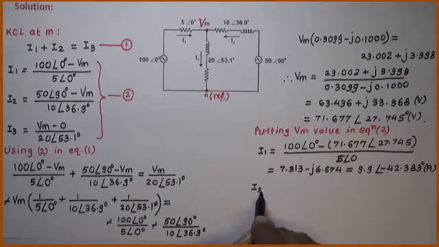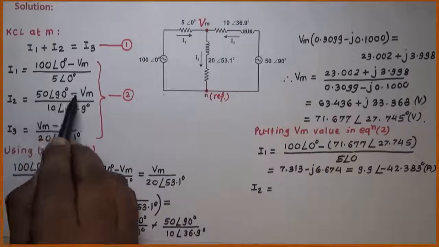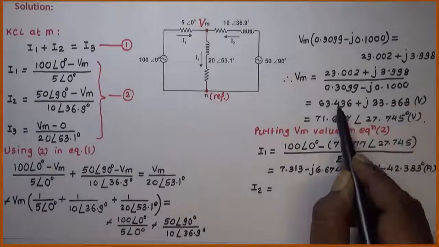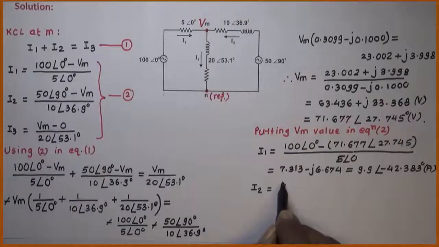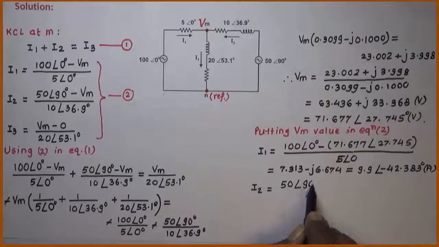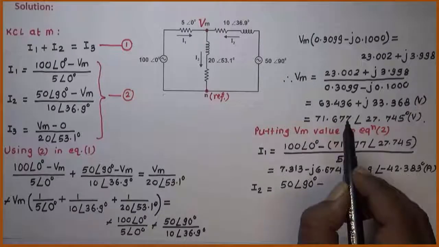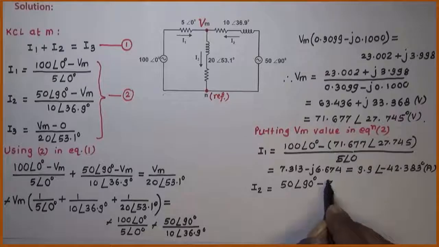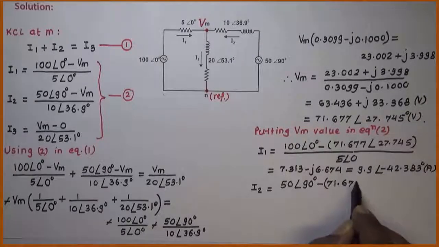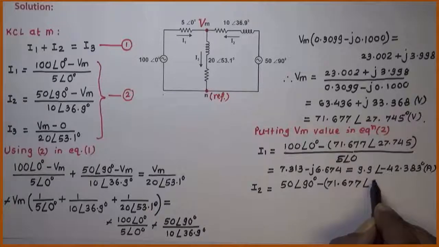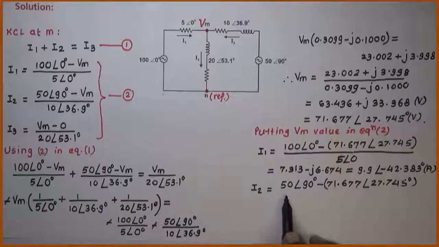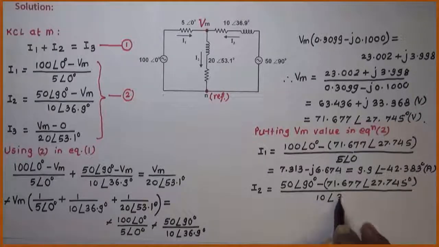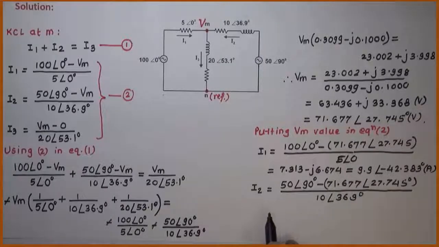Similarly, we have to calculate I2, 50∠90 minus Vm. Vm is nothing but either this value or this value, divided by 10∠36.9 degrees. So I2 is equal to 50∠90 minus, let us put this value, 71.677∠27.745 degrees divided by 10∠36.9 degrees. Again, use the calculator to calculate this value.